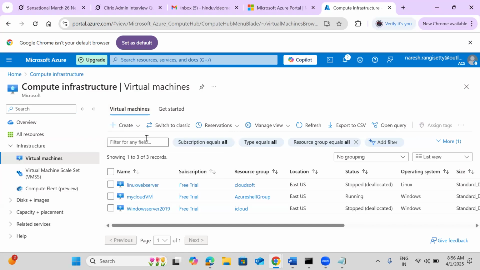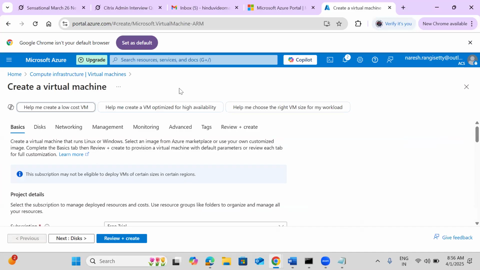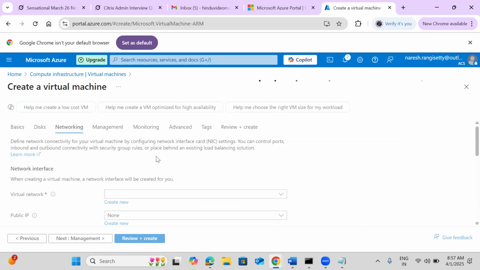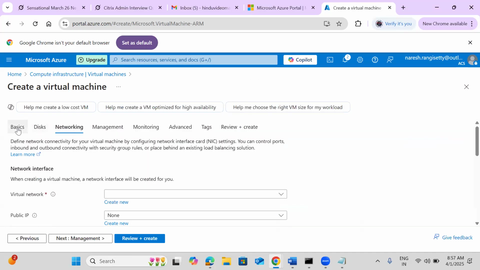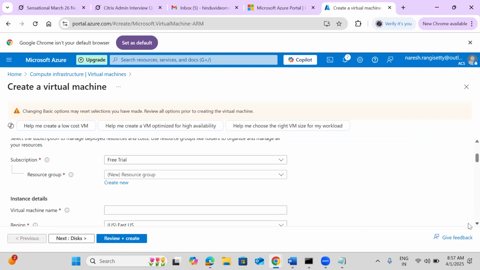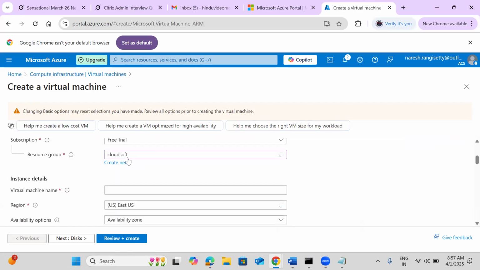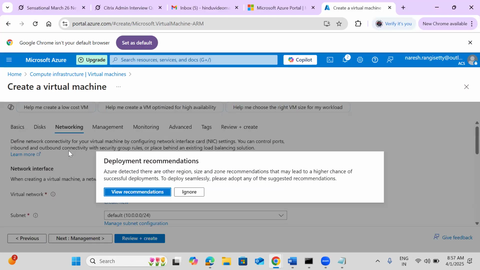So while creating the VM, if you come to the networking part, it depends upon your resource group. I chose the resource group, right?